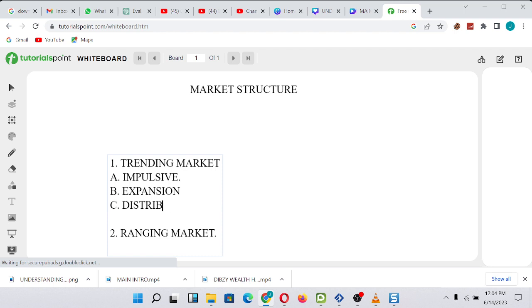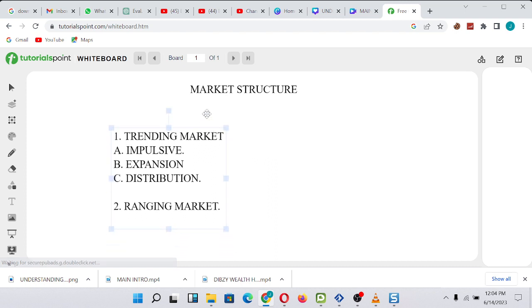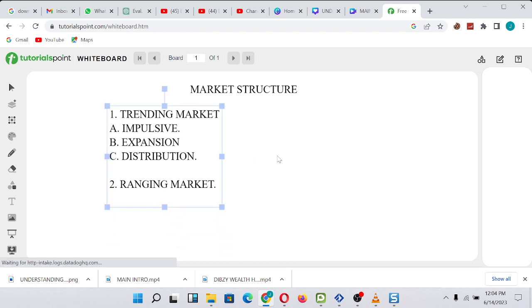So in a trending market, it's very clear. Either you call it an impulsive move, or an expansion, or a distribution. These are just different names, depending on what you are looking out for.